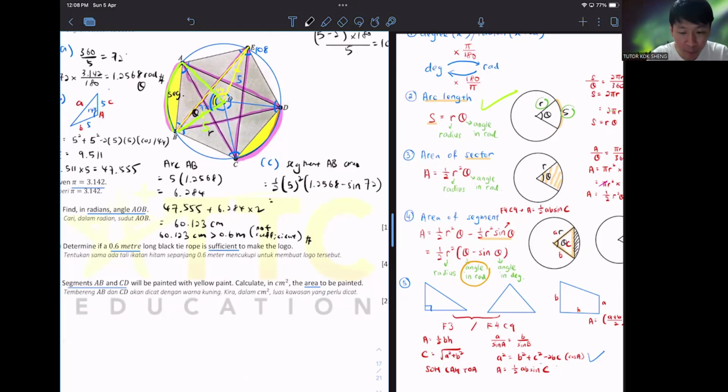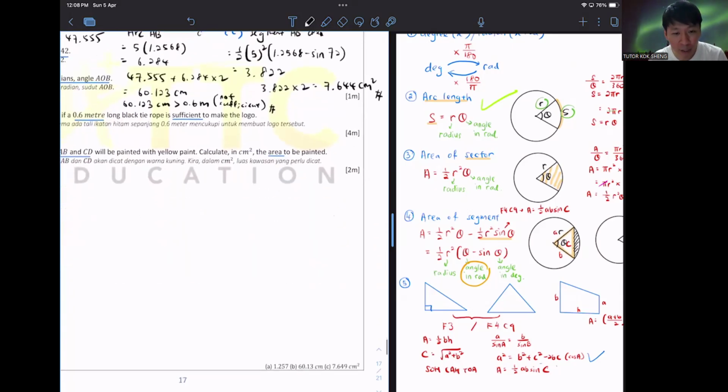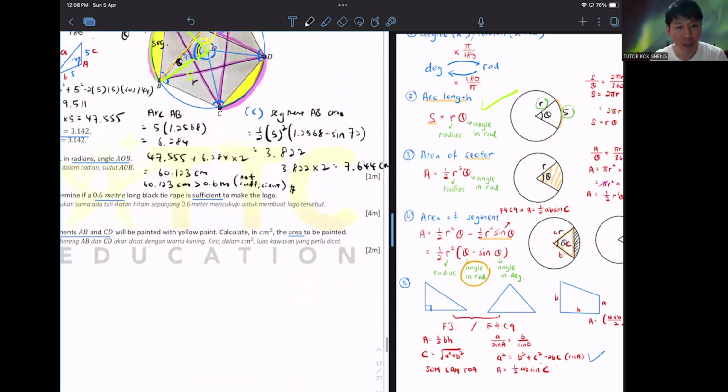That is 3 point something, so small only. Did I press anything wrong? Oh, the other thing. 3.822. Times 2 is 7.644 cm squared. Yes, it's correct.